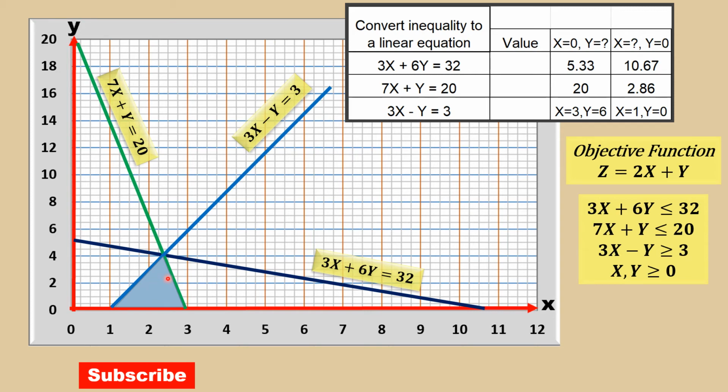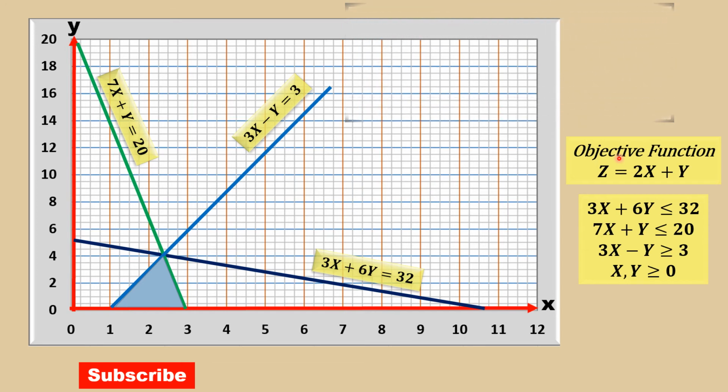Now we got it, so our target now is to draw the objective function. We have to draw the objective function, I mean this one. How to do that? We have to assume some value, because the objective function will be like this way, this way.